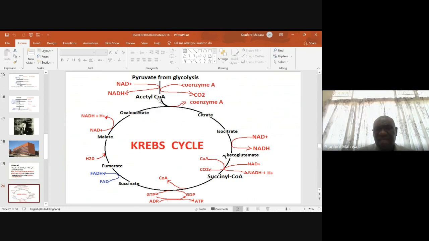So acetyl coenzyme A will combine with oxaloacetate to start the Krebs cycle. The product which is produced is citrate, or citric acid. It is citrate. Then next we get isocitrate. And at this stage again, NADH is formed between isocitrate and the alpha ketoglutarate.